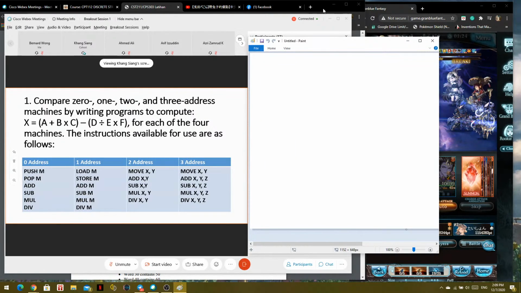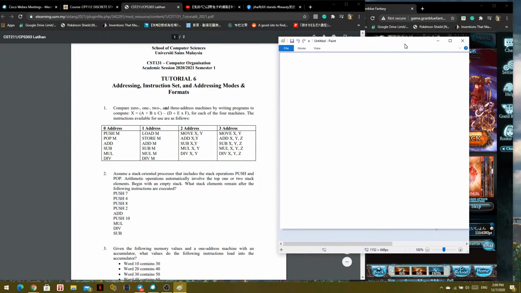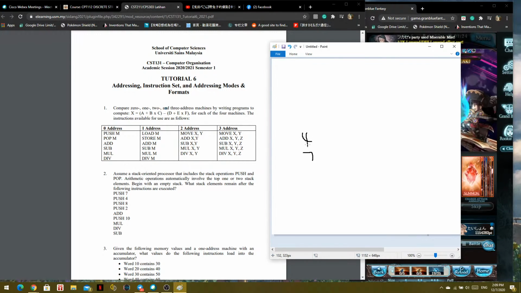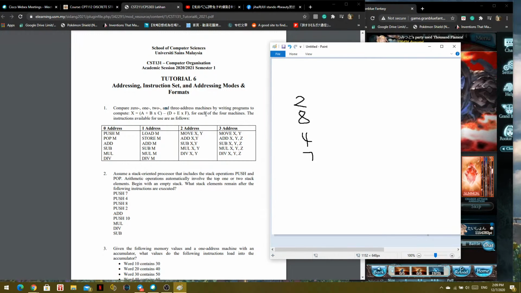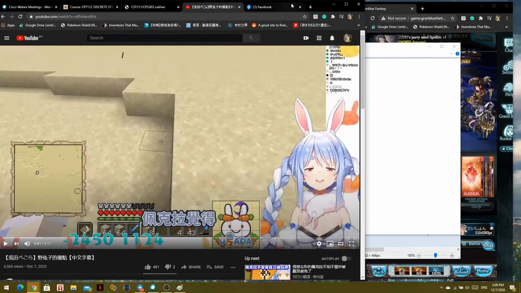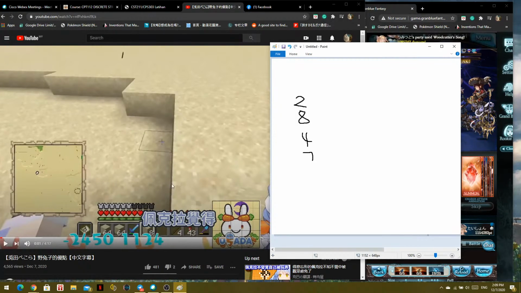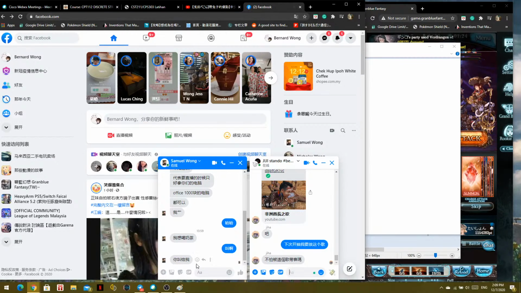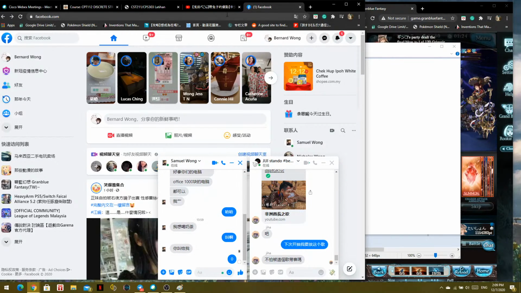Number 1, 0 address, Arif Izzuddin. Then one address, Bernard Wong. Then two address, maybe Coco Chung. And the last one, three address, Lai Xin Xian. Okay, Arif, are you ready?